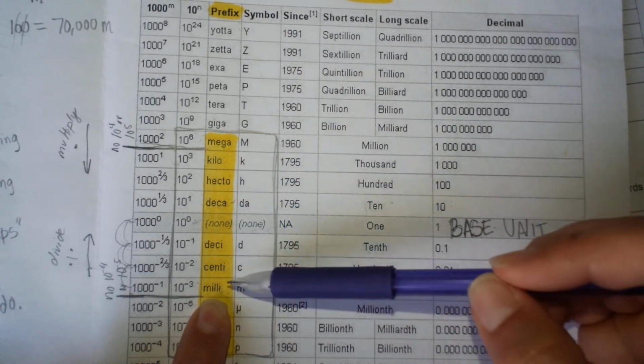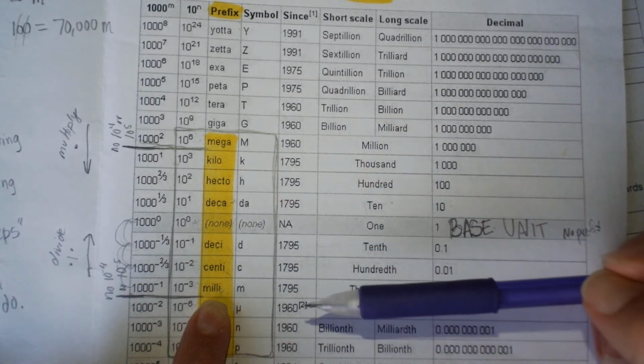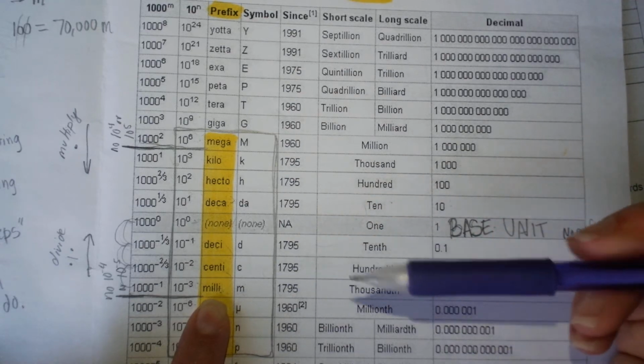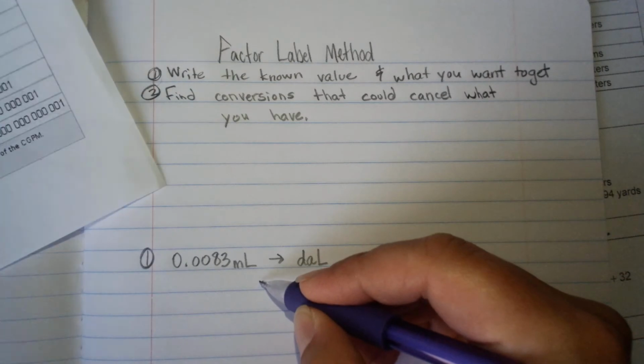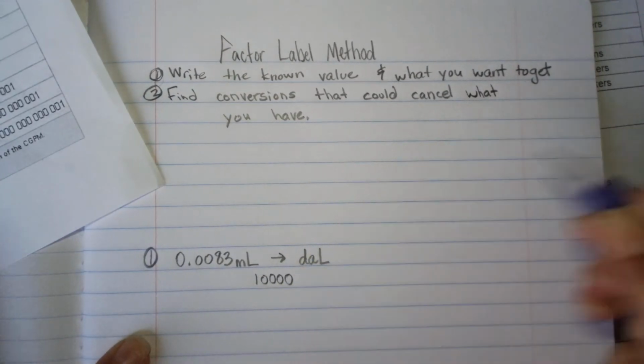Alright, so if we did that, we would have 1, 2, 3, 4 steps. So I would need to use a number that has 4 zeros and a 1 in front. I'm going to come back over here and I'm going to write that down, because we still need that skill. 4 zeros.